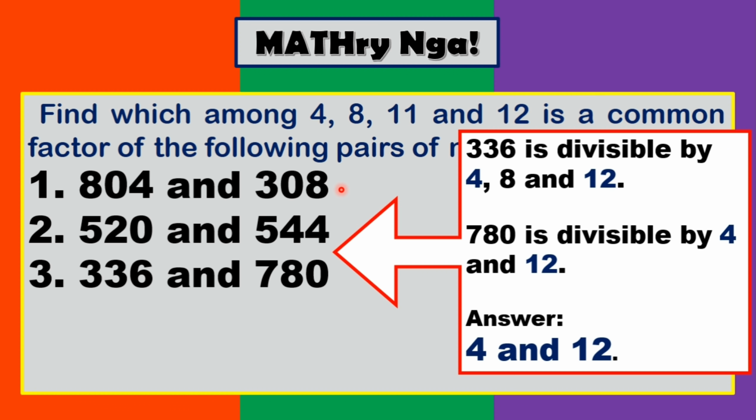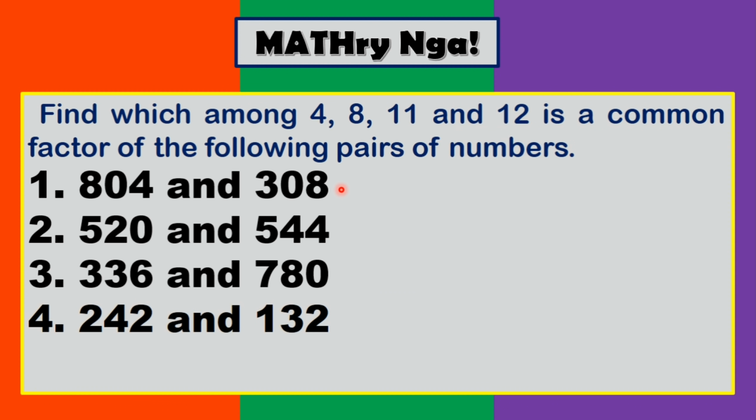Now, let's proceed to number 4. 242 and 132, get their common factor or common factors. You have your time. Hit pause now!